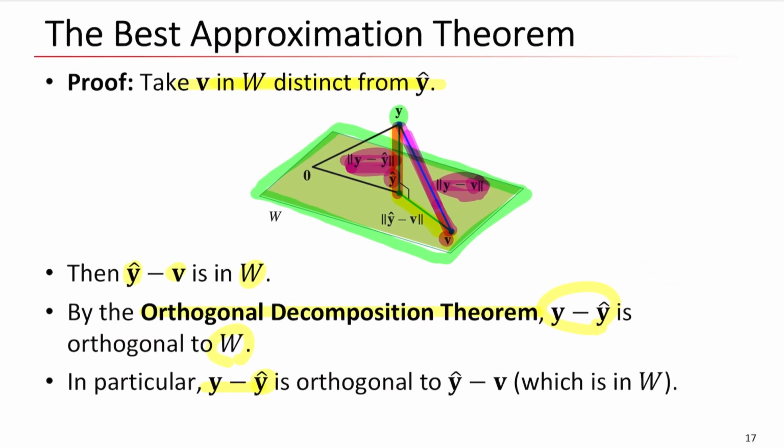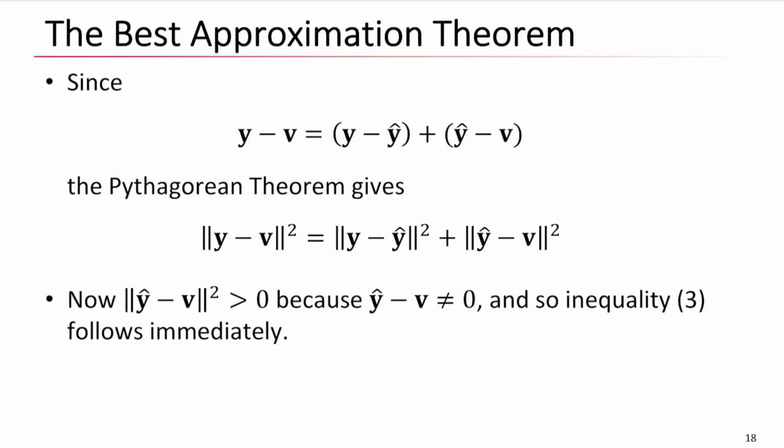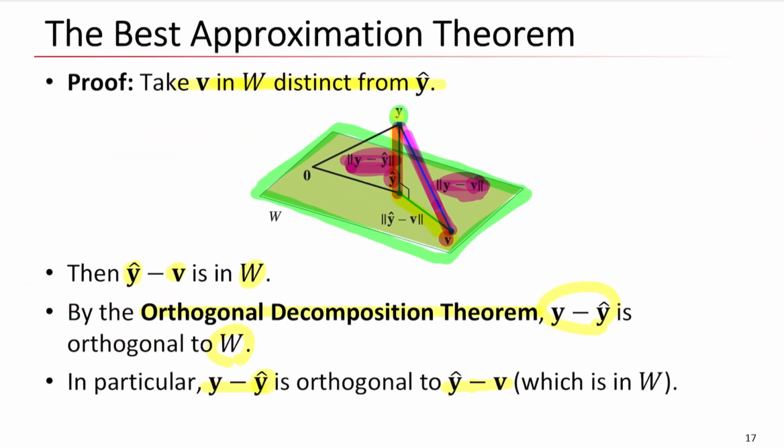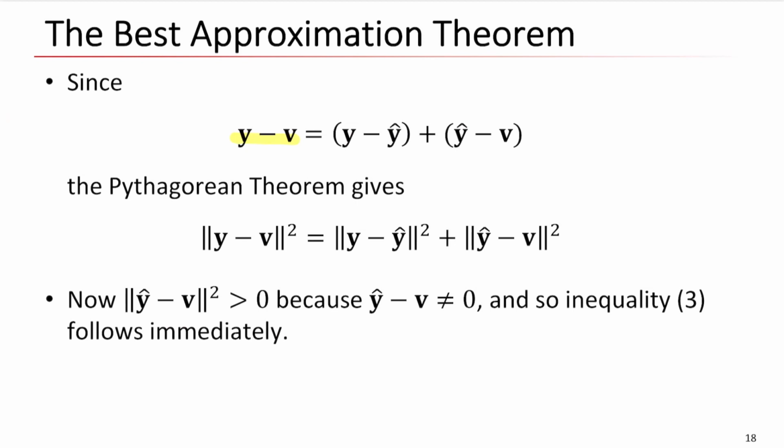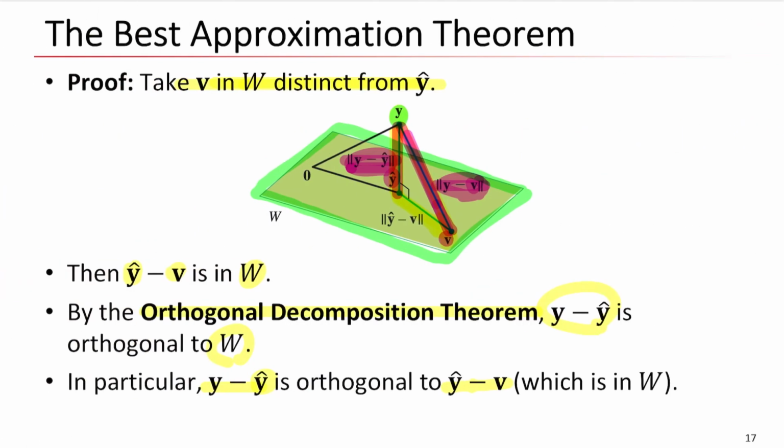So Y minus Y hat is orthogonal to Y hat minus V. Then Y minus V is equal to Y minus Y hat plus Y hat minus V. So what does it mean?